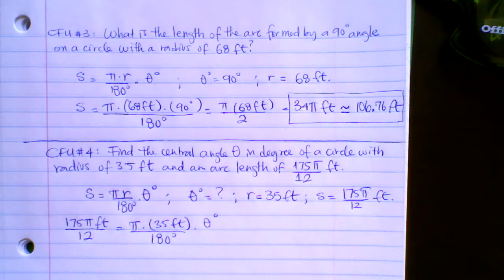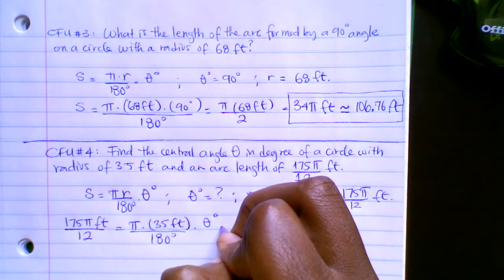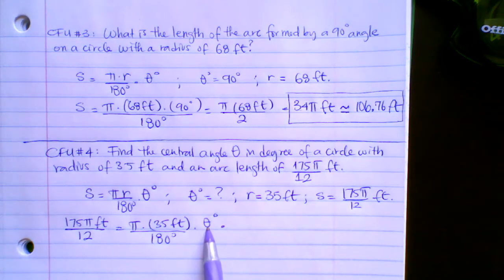Okay, so I see here I have a fraction. Again, you want to solve for theta. So what do I need to do here? I'm going to multiply both sides because theta needs to be by itself.